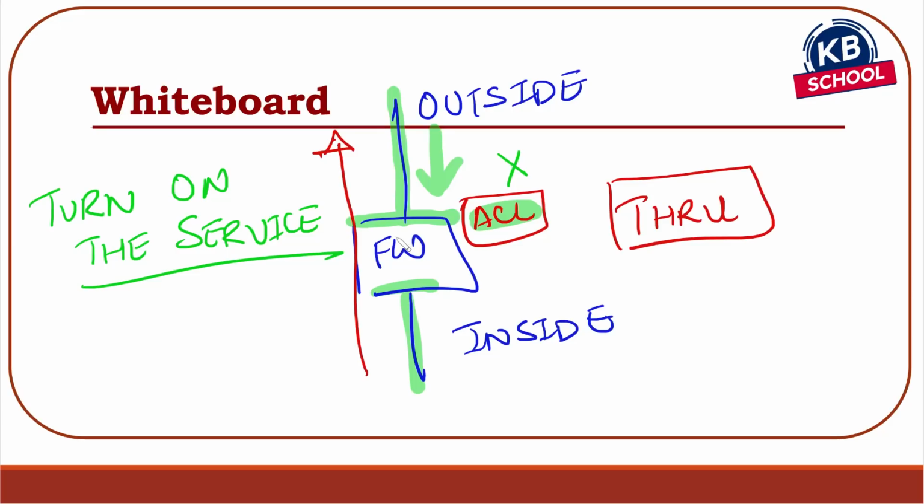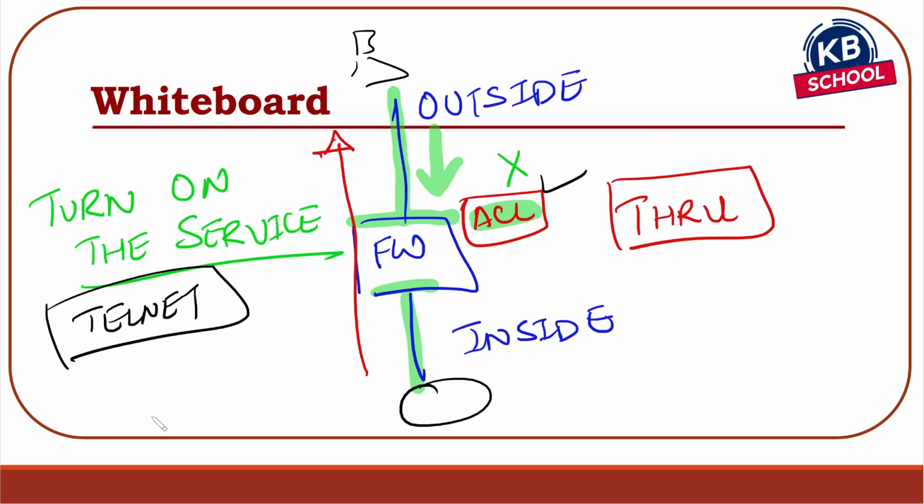For example, if somebody wants to telnet to the firewall, the telnet service is not running by default, so it won't allow telnet coming into the firewall. You would need to enable the telnet service. It's not through the firewall. If somebody wants to telnet into a device over here, that's through traffic. That would be running an ACL. But if you're telnetting to the firewall, the service needs to be running because I'm sending the packet destined to the firewall.